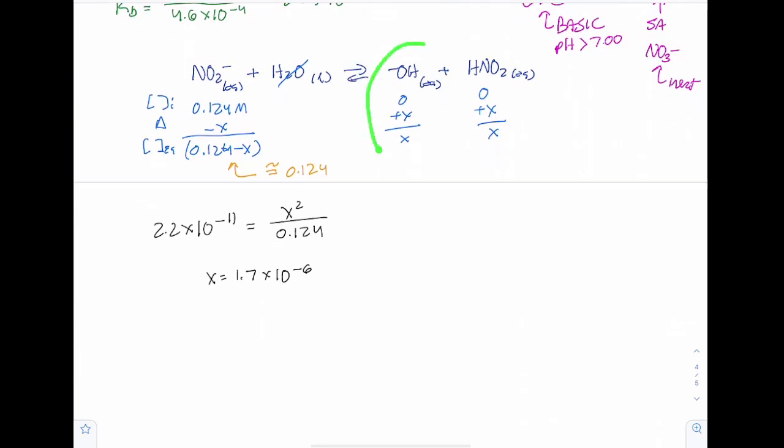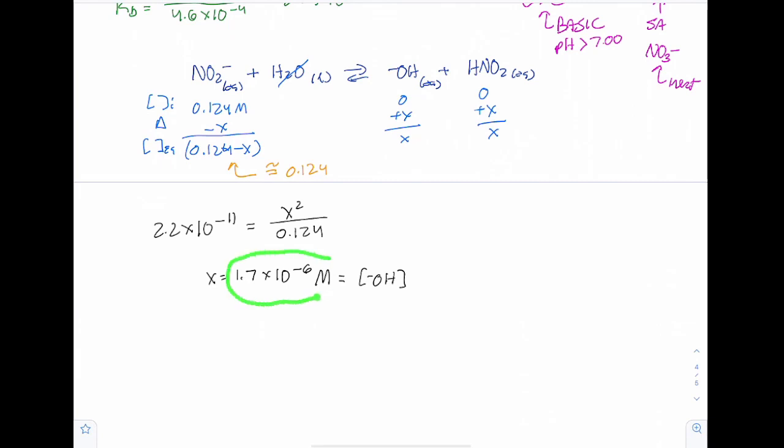This time x, it's representing my conjugate acid, but it also represents my hydroxide ion concentration. Remember, pH is the negative log of the hydronium ion concentration. So once you get this number, you can solve for pH a couple different ways. Remember, your hydronium ion concentration multiplied by your hydroxide ion concentration is equal to Kw.